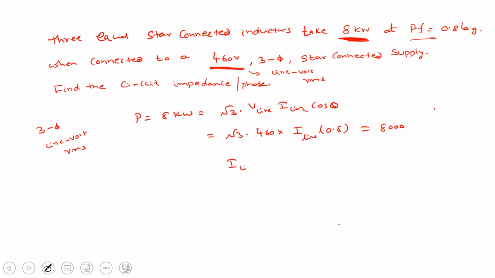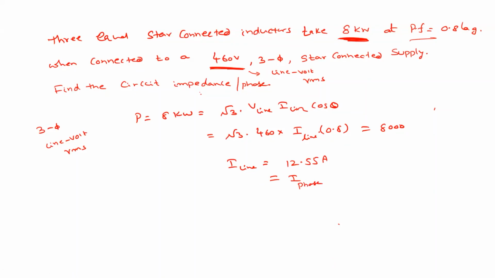So what is I line? 12.55 amperes. Okay. So this is I line in a star connected system, so this is also equal to I phase.